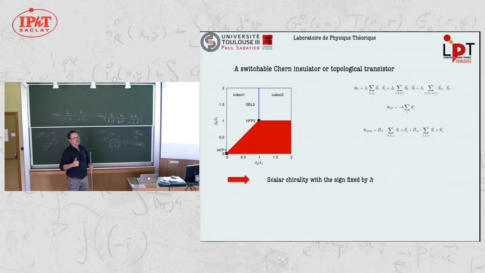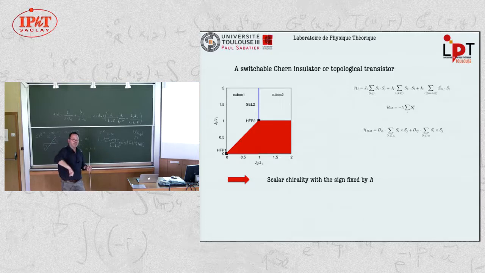If you do that, you will get a scalar chirality, but now whose sign is not going to appear spontaneously. The sign is going to depend on the sign of the magnetic field. If you put a positive magnetic field, you will get one sign of the chirality.